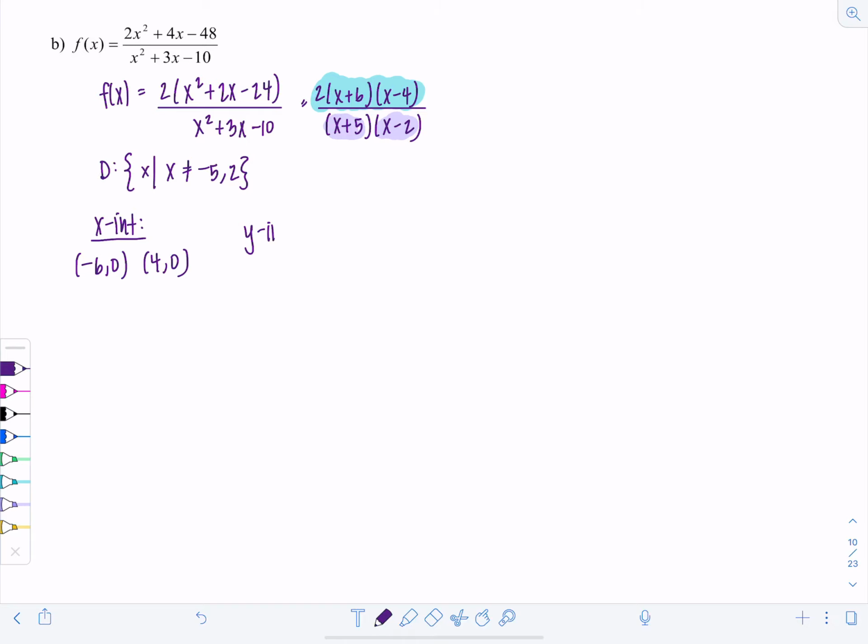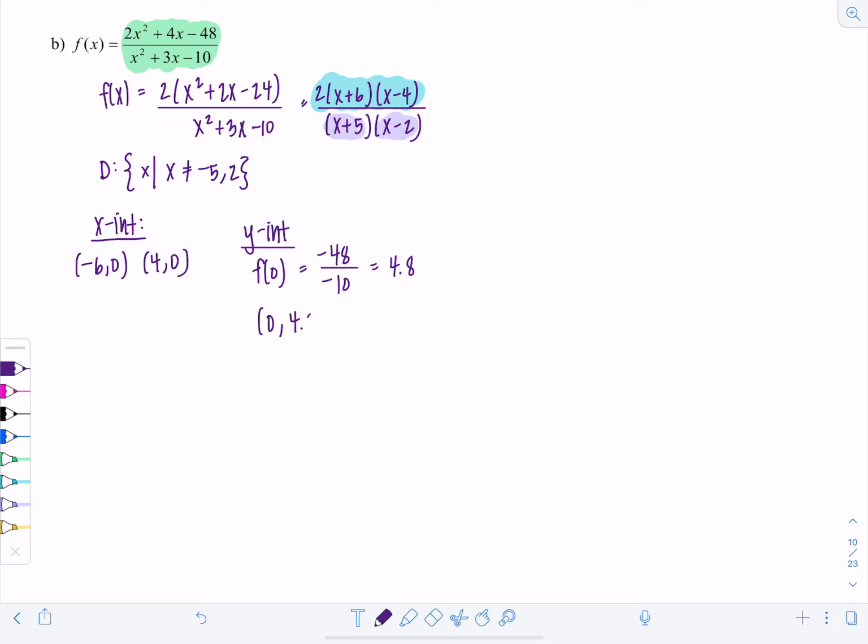What about the y-intercept? For the y-intercept, it's actually easier if you go back to the original version of f of x before you factored, if you want to plug in 0. So f of 0, can you see? You're just going to have negative 48 over negative 10. So that's 4.8.